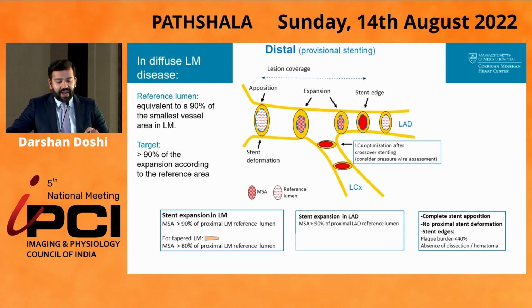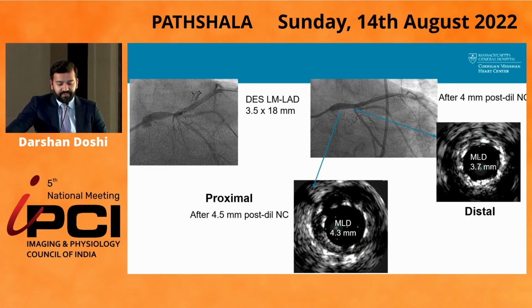So if you're going to do left main stenting and it's a crossover, to make sure that the left main portion is appropriately expanded, you're going to use the proximal left main reference here, not the distal or the LAD. And then in the LAD, you're then going to use the distal reference in the LAD to make sure that portion is appropriately expanded. And again, you're going to want to make sure that it's apposed, there's no stent deformation, and the edges are fine. So take a look at this case.